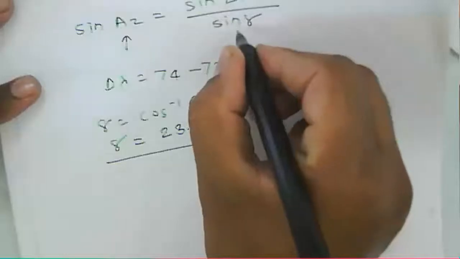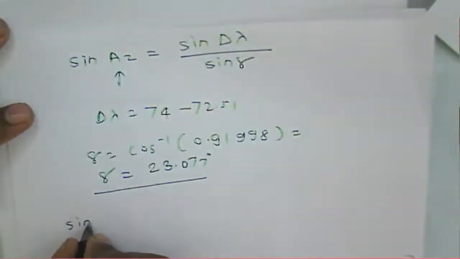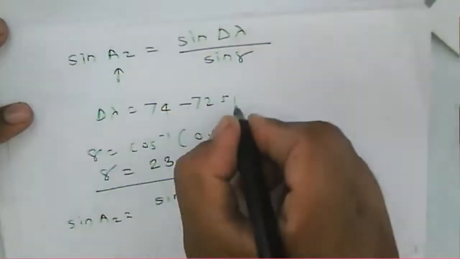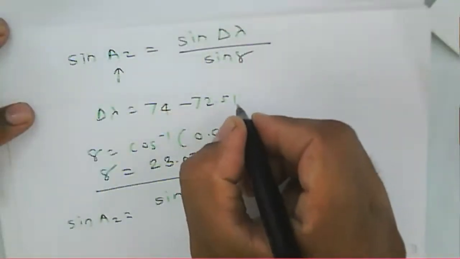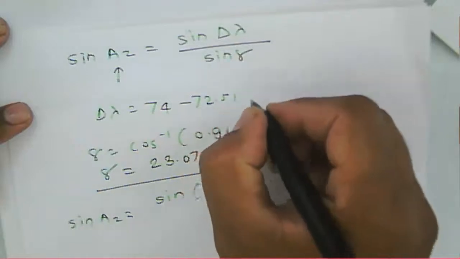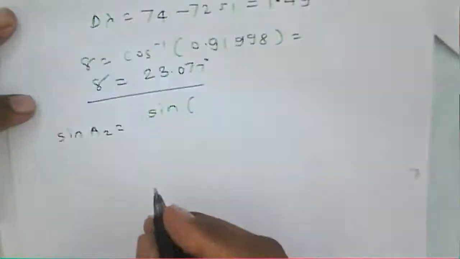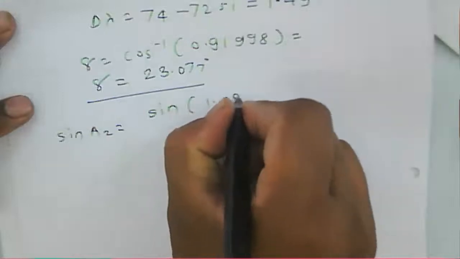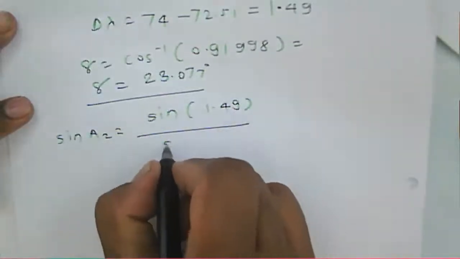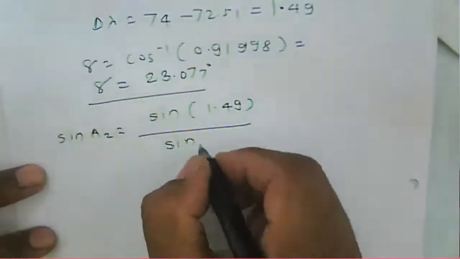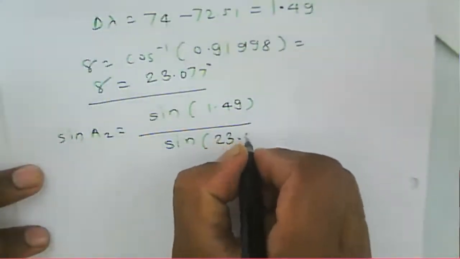Put that here. So we'll get that sine of Az is equal to sine of 74.72 something, that is nothing but 1.49 degree. So here 1.49 divided by sine of 23.077.